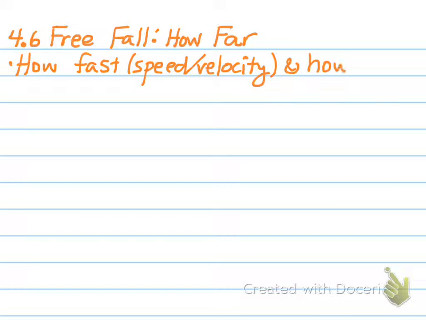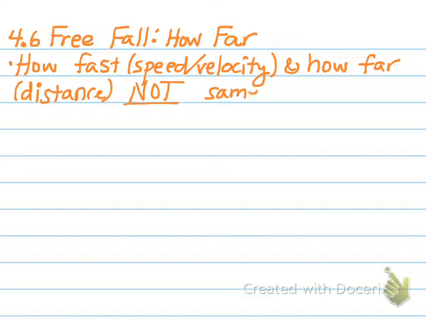And how far, which we're talking about distance, are not the same thing, which I think you know. But again, we just want to reiterate that these are going to be different things.